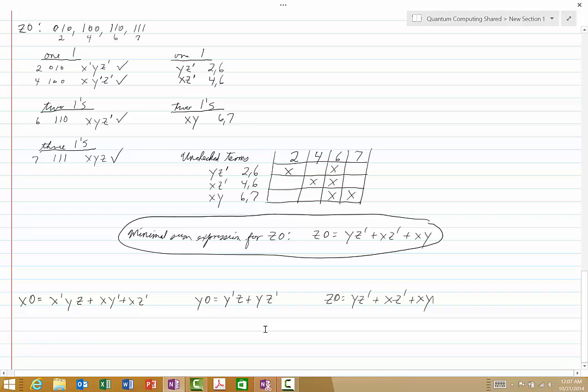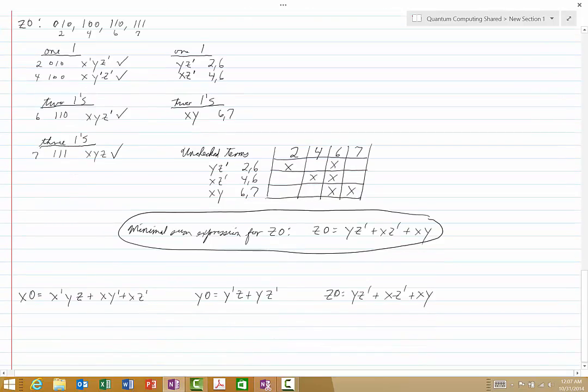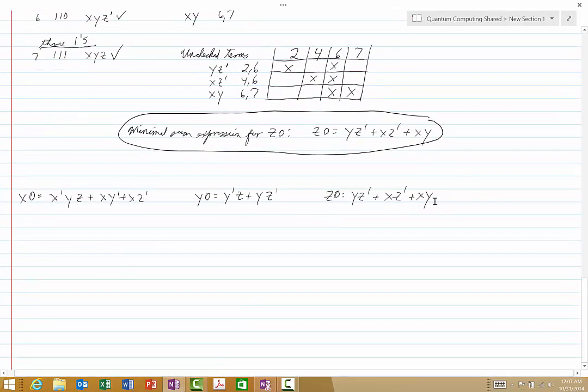What I will do for all three of these is to now use the kind of approach that we had in our last lecture, where we try to write each one of these entirely in terms of NAND gates, AND gates, and NOT gates, because all of these can be easily implemented with Toffoli gates, and then we will be able to write X0, Y0, and Z0.